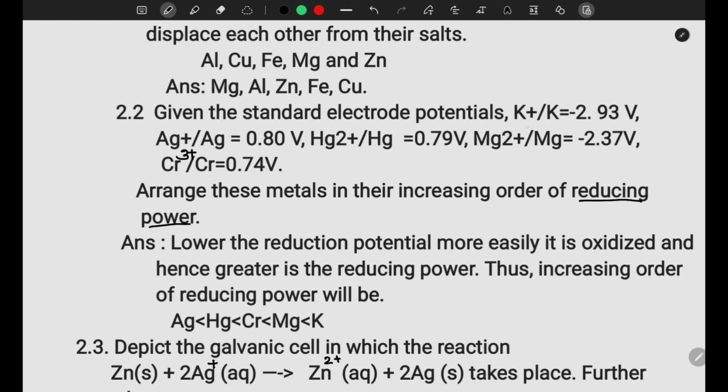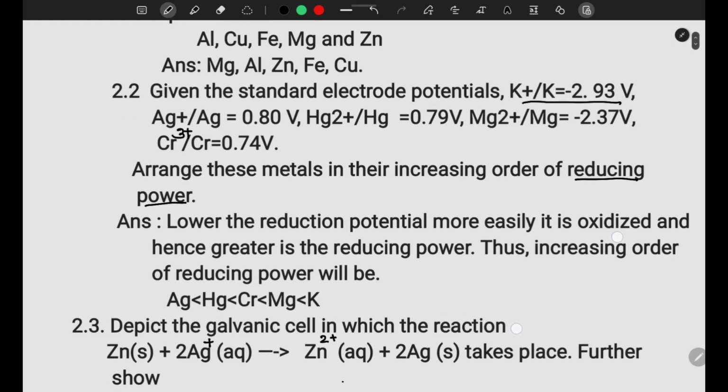Here the metal with the lowest reduction potential value is potassium and the highest is silver. So we can say silver has the least reducing power and potassium has the highest reducing power. So the lower the reduction potential, the more easily it will be oxidized. Silver < mercury < chromium < magnesium < potassium.